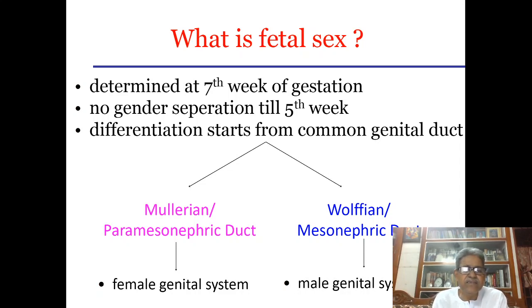The Mullerian duct is also called the paramesonephric duct. The Wolffian duct is also called the mesonephric duct. The paramesonephric duct, after many conversions and changes, finally develops the female genital system, and the mesonephric duct or Wolffian duct finally develops the male genital system.